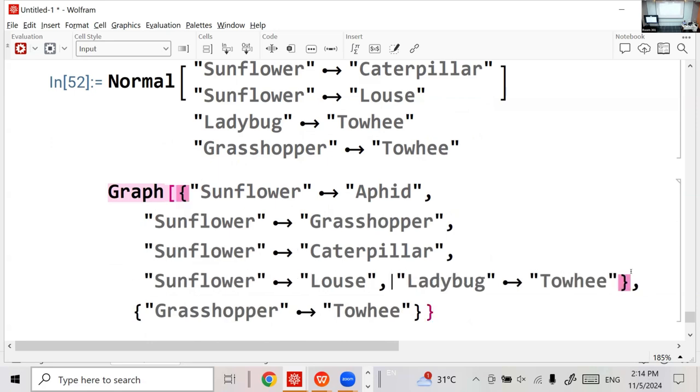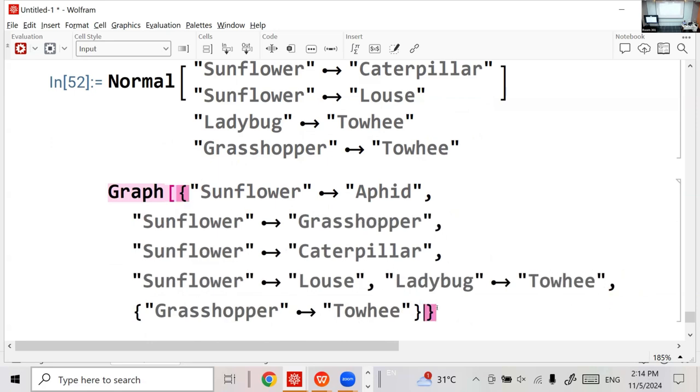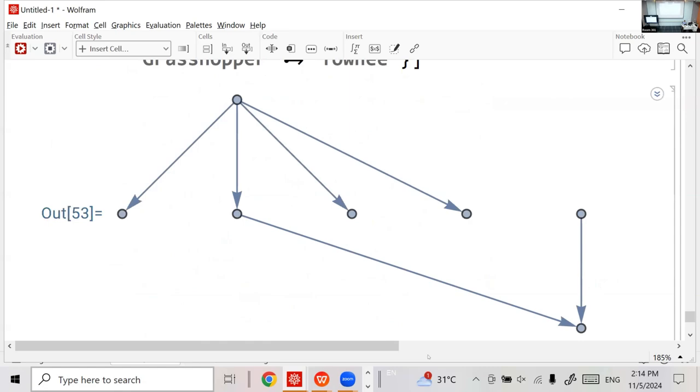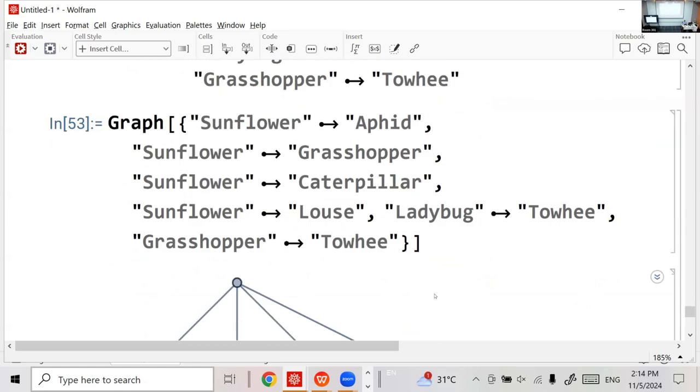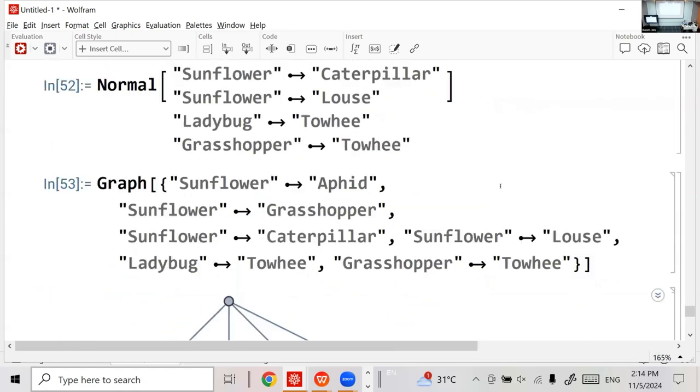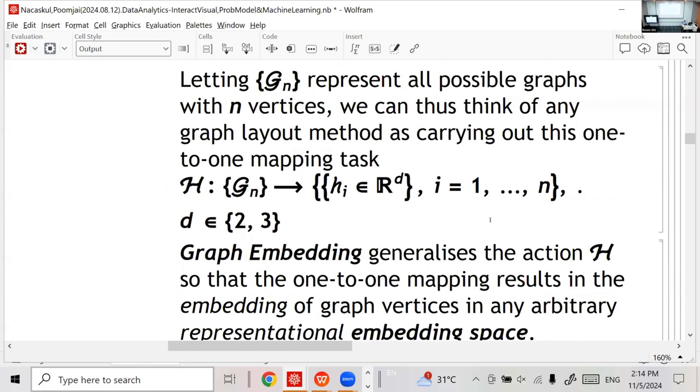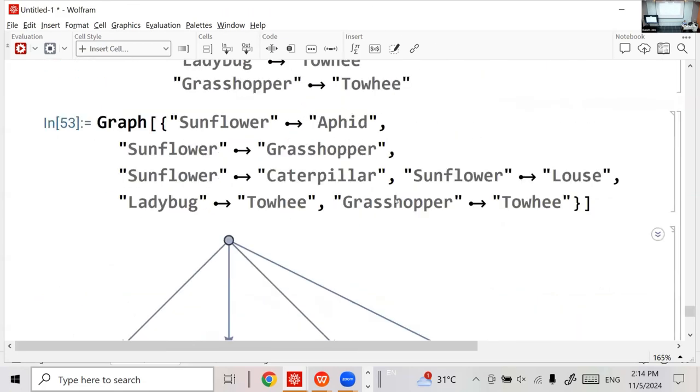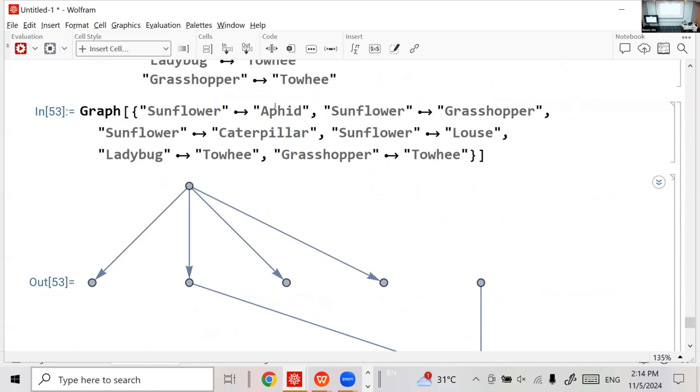Now let's say I did this. See? This is actually, I didn't bring the whole graph, I just brought some of it. So obviously you will see that sunflower goes to aphid, goes to grasshopper, and so on.